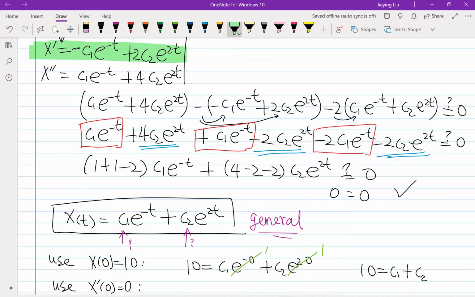This is the one that we're going to use for the second condition. So let's plug in t equals 0 again, and x prime equals 0. So we get 0 equals negative c1 e to the negative 0 plus 2c2 e to the 2 times 0. And if we simplify, that's a 1. This is also 1. So we end up with 0 equals negative c1 plus 2c2.